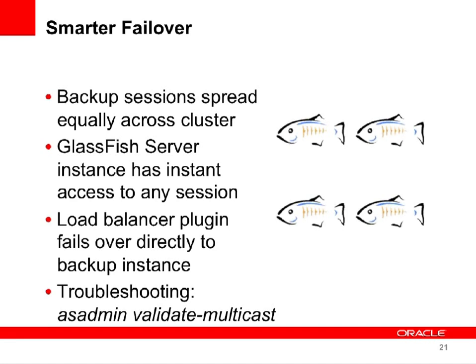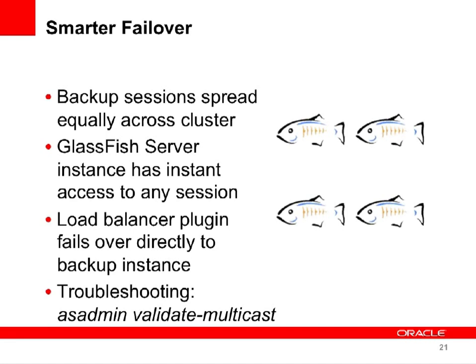For example, our load balancer plugin immediately takes advantage of this information. So when a user connects to the load balancer to get to their session, and the load balancer recognizes that a node has failed, it can immediately fail over to the instance that contains the backed up session data. And I'll show you that in detail here in a second.